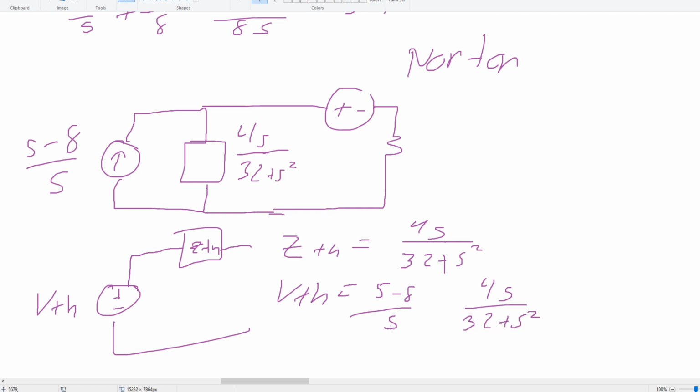Not going to bore you with the details, but these two cancel out, and the final answer will look something like 16s minus 64 over s squared plus 16. Okay. Almost done with this problem.